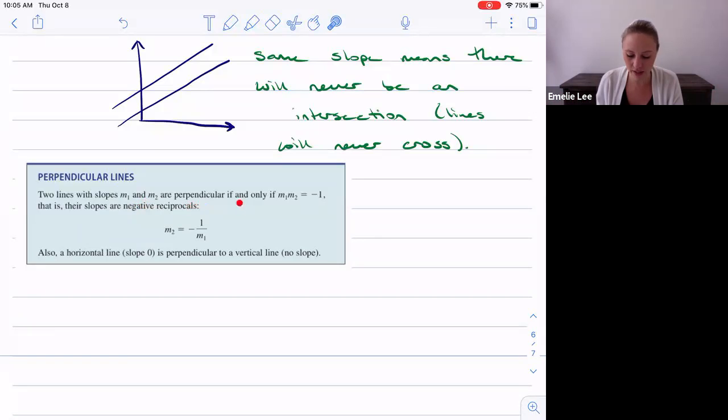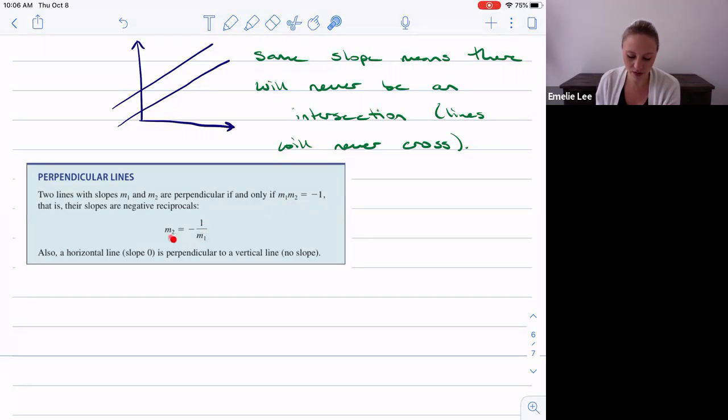Our perpendicular, if and only if, and here's the weird part, m1 times m2 has to equal -1, right? Or another way, we could solve for m2 and say, well, m2 has to be -1 divided by m1. Sometimes it's easier if you have the 2 slopes, you can just multiply them together to see if they equal -1, and that would tell you that they are perpendicular.